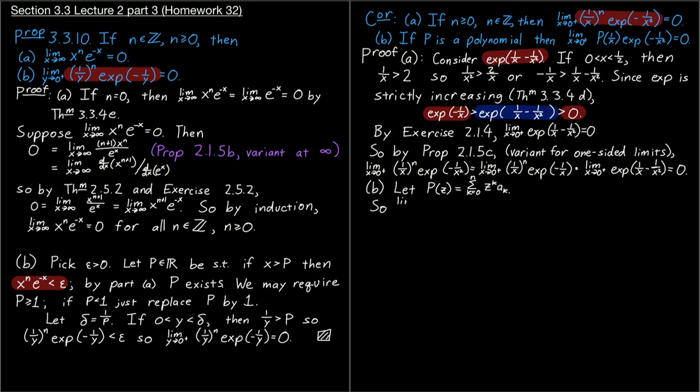So our limit of our polynomial of 1 over x, and then our exp of minus 1 over x squared, this is going to be the limit as x goes to 0 from the right of the sum of coefficients a_k, then 1 over x to the k, exp of minus 1 over x squared, and then proposition 2.1.5 gives you the sum of the limits is the limit of the sums, and you can move the constant out.